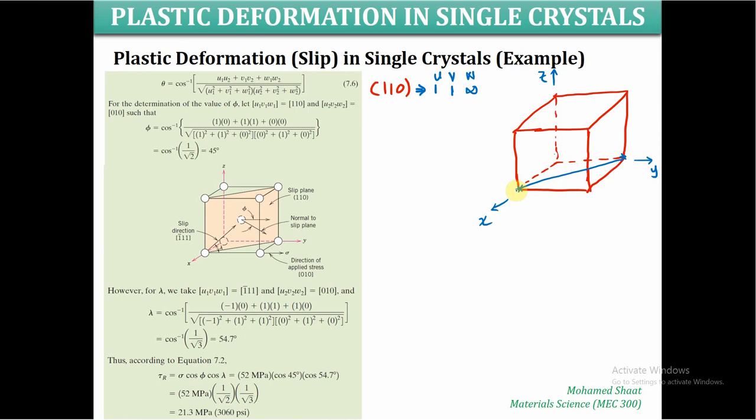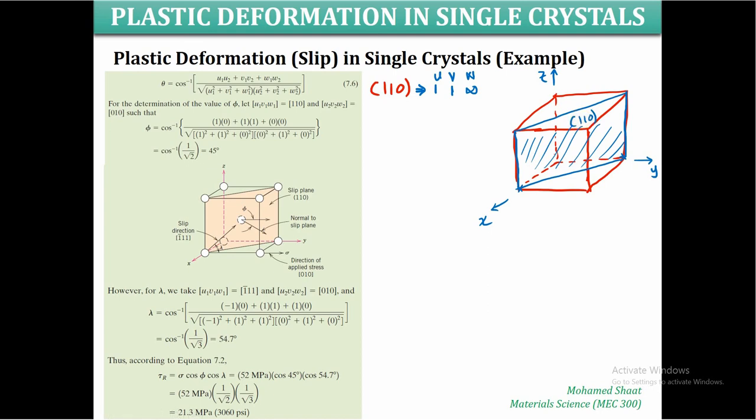Then since it is parallel to z, you draw a line parallel to z, another line here parallel to z, and then you close the shape. This gives you the plane, highlighted here in the figure. This is the 1, 1, 0 plane. This is the slip plane.